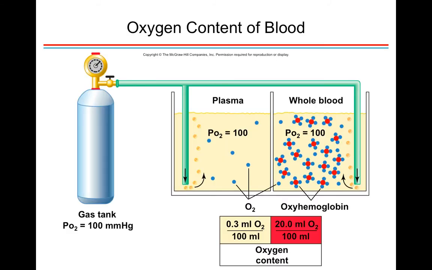So what I'd like to show you now is the oxygen content in plasma and whole blood. If we look at plasma, and of course this is an experimental system using a gas tank, creating an artificial situation, but it basically mirrors what is happening in the body.